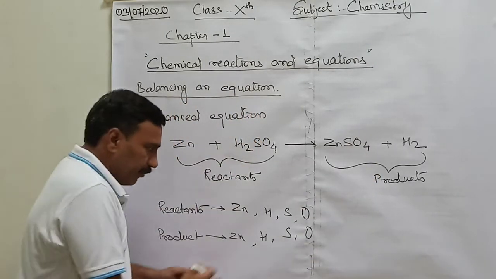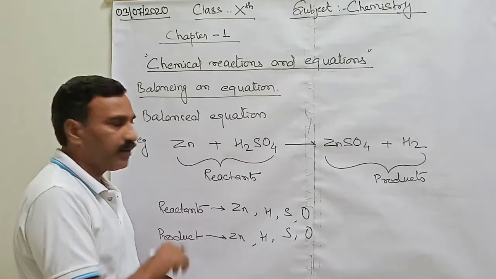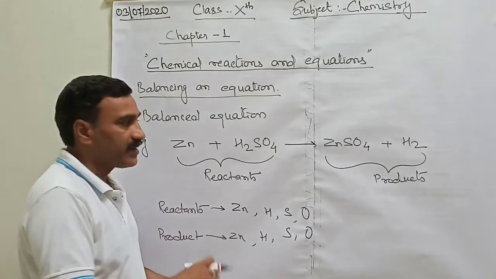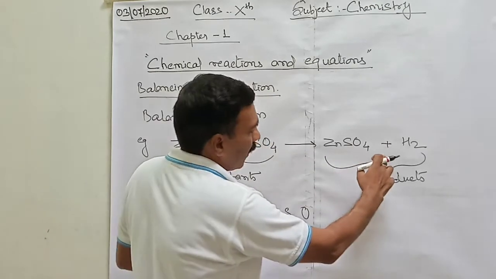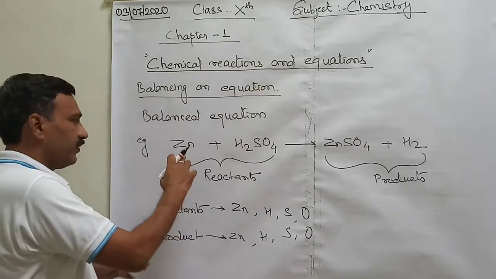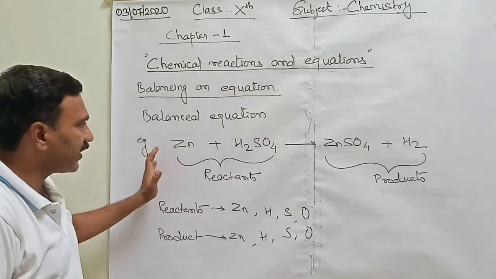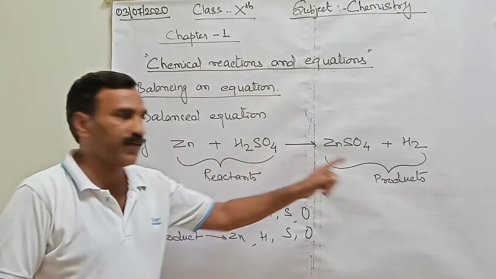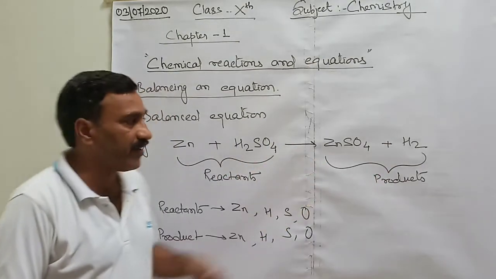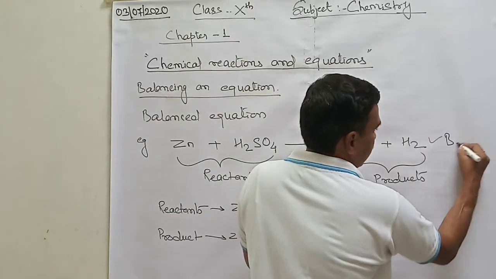So the elements on the reactant side are the same as those of the products. Moreover, the number of atoms of each element on the reactant side is the same as on the product side. So we can say that this reaction is balanced.